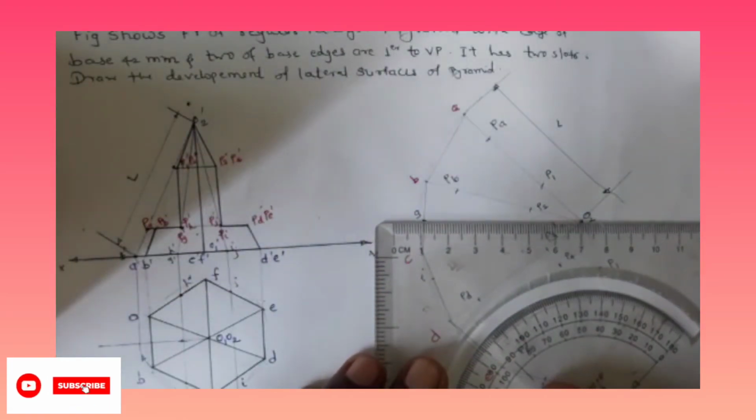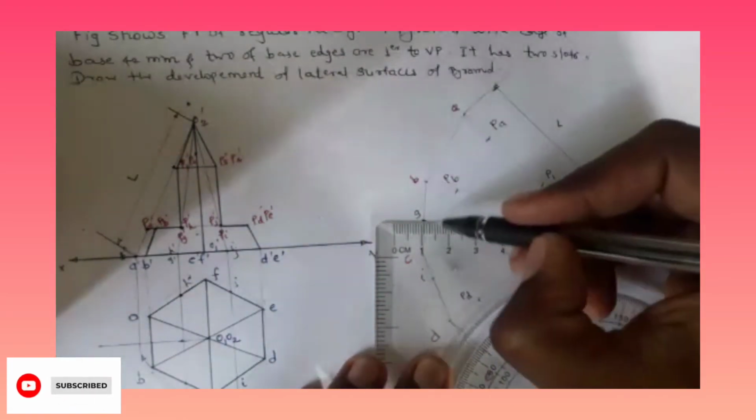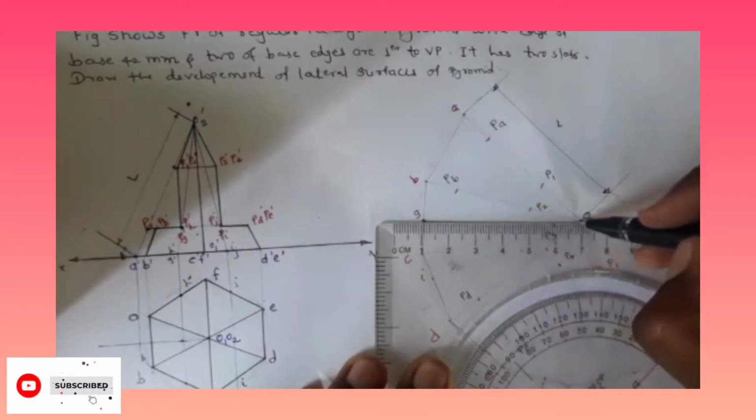Let us join the point G to the O2. Draw it by the faint line.